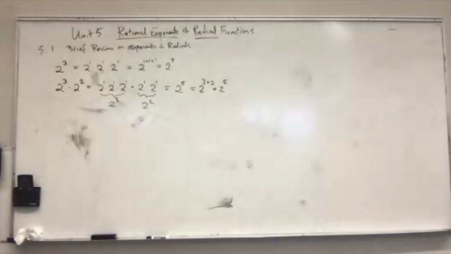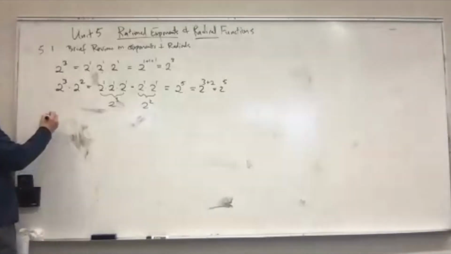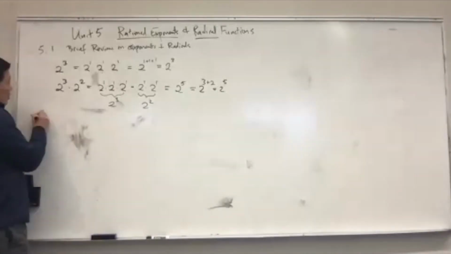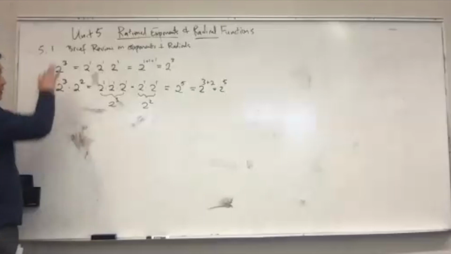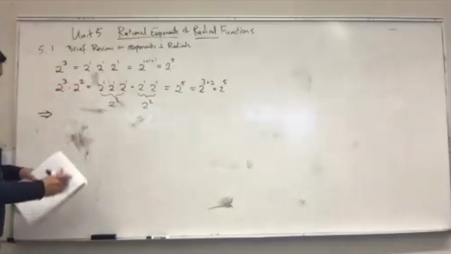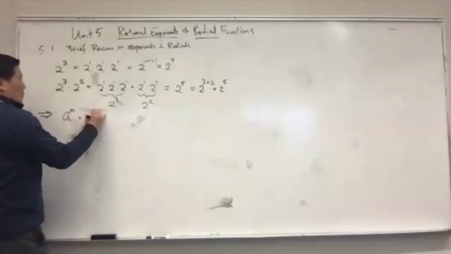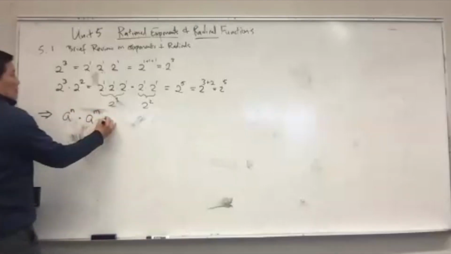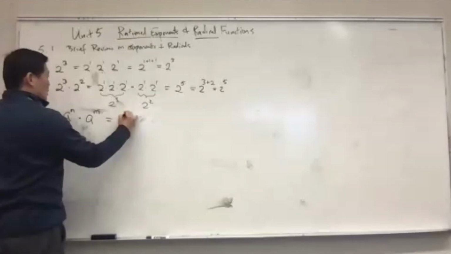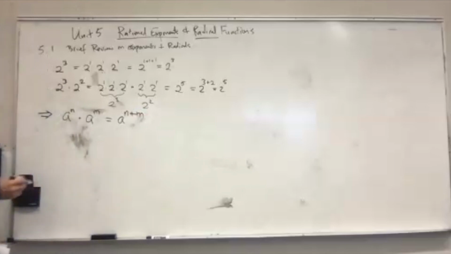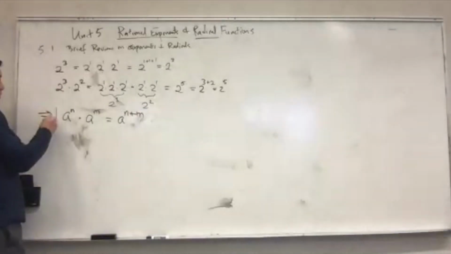So in a sense, you can reverse it, you can do it all these different ways. In essence, with this kind of exploration, one could draw the conclusion that a to the n power times a to the m power is a to the n plus m.